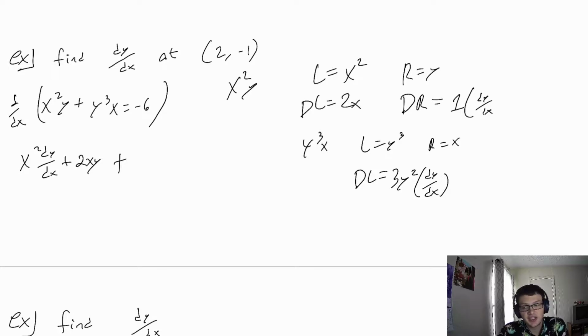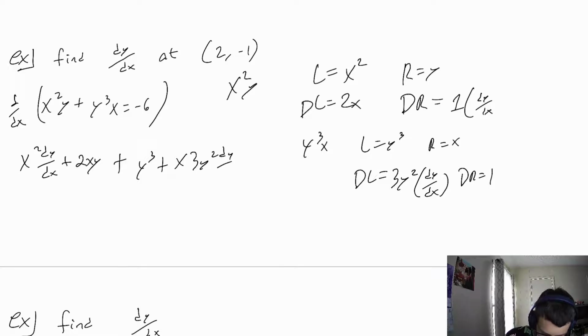Okay? And this is just because we're using the chain rule, right? So chain rule says derivative of the outside times derivative of the inside. Y here is our function of x. So to find the derivative, we apply our standard rules. We get 3y squared. And then we multiply by the derivative of the inside function. And our dR is just 1, so we throw that all together. We get L dR is just y cubed plus R times dL is 3y squared dy dx. And then the right-hand side of the equation just gives us a 0 when we take the derivative.